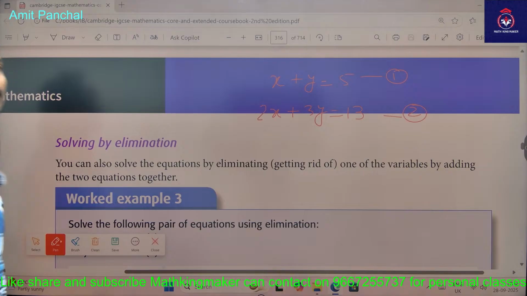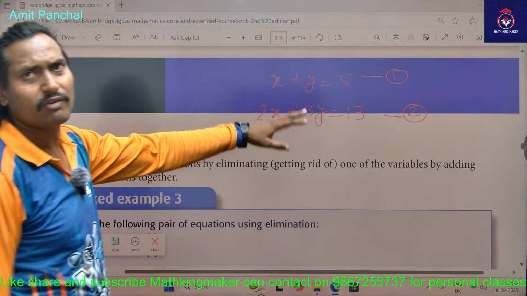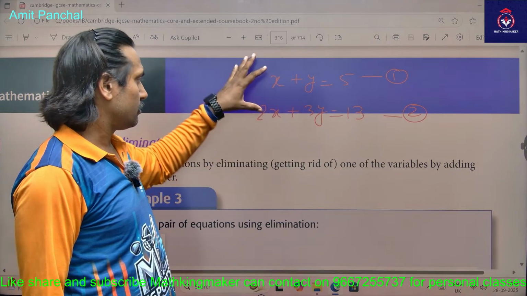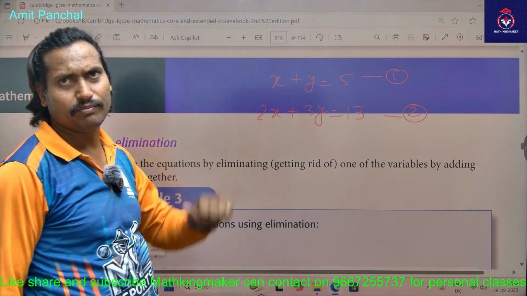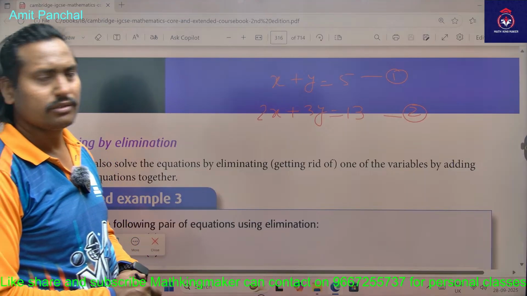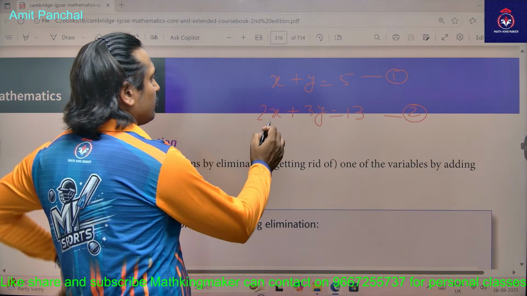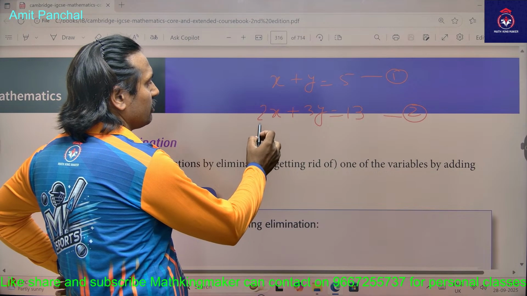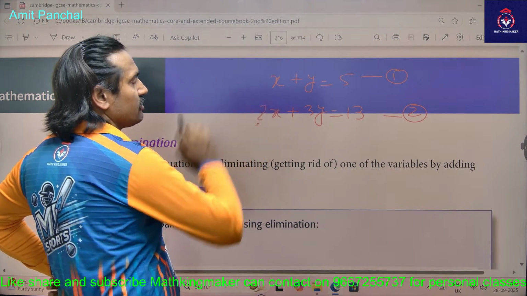Now what you need to do is make either the x variable or the y variable have the same coefficient. So what is the coefficient of x here? In the second equation it is 2 and in the first equation it is 1.